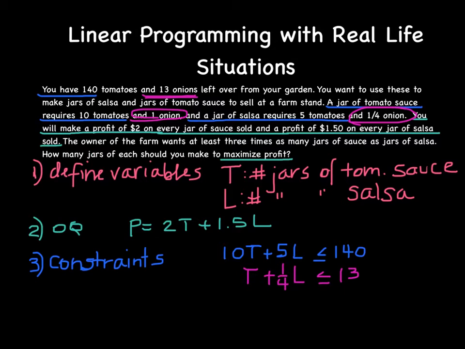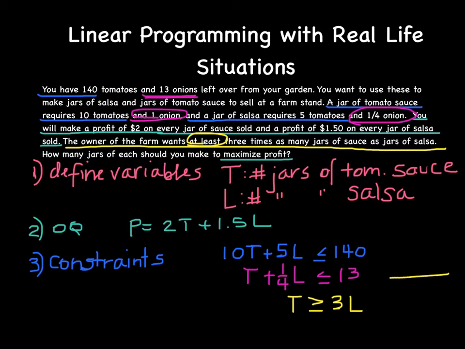All right, so I've used everything except this last sentence here. And let's see. Okay, the owner wants at least 3 times as many jars of sauce as jars of salsa. So he wants more sauce than salsa. So my tomato sauce has got to be at least, so greater than or equal to 3 times the salsa.